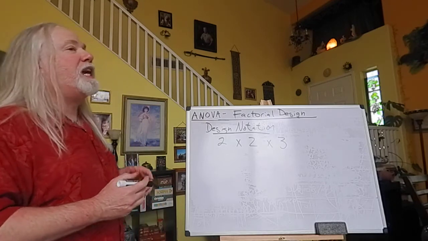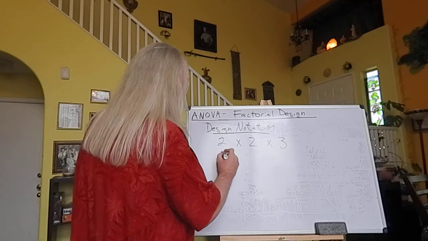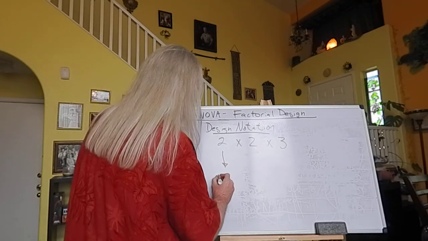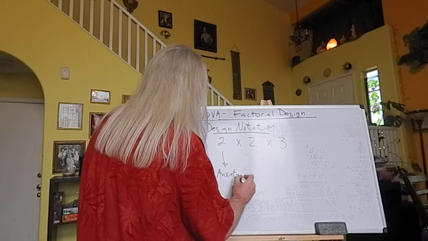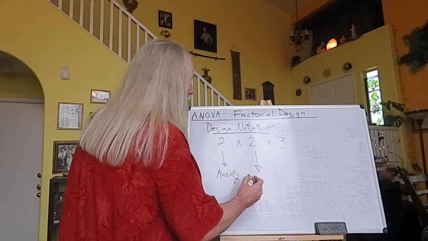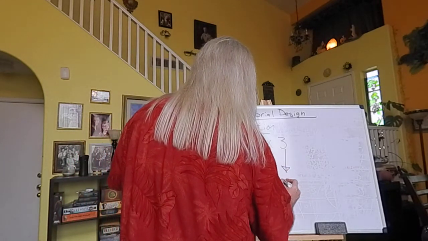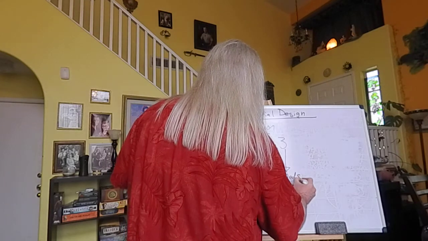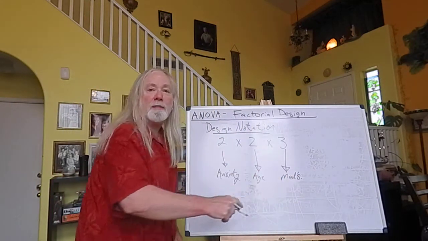So let's say we're checking against some kind of problem-solving skill. And this factor is anxiety. This factor is age. And this factor is medication. 3 numbers, 3 different treatments.